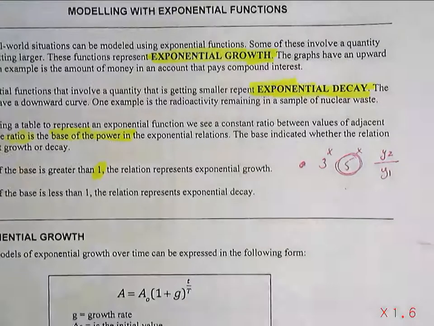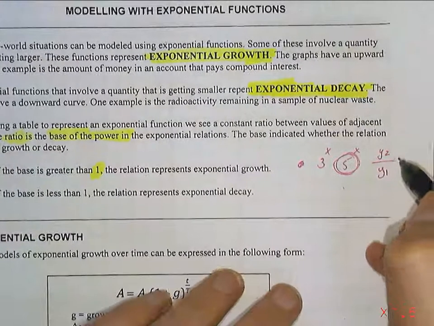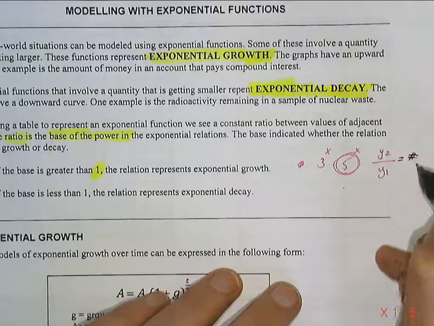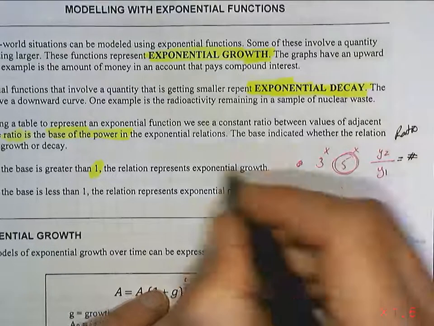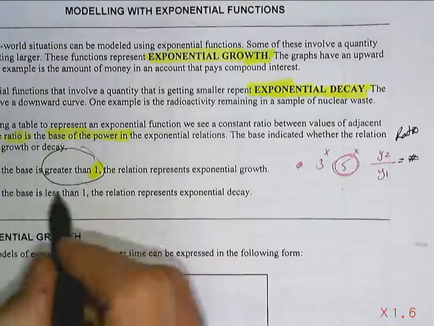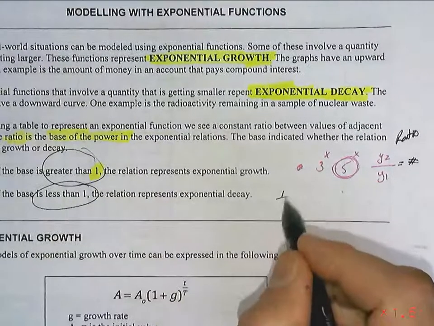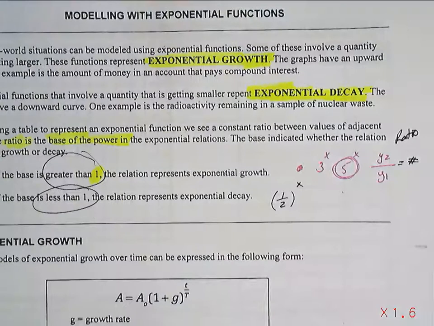When we get a numerical answer, that ratio is what we're finding. If that ratio is greater than 1, then we're going to get exponential growth. And if it's less than 1, like let's say we figure out the ratio is a half, then it's going to be exponential decay. It's going to get half and half and half again.